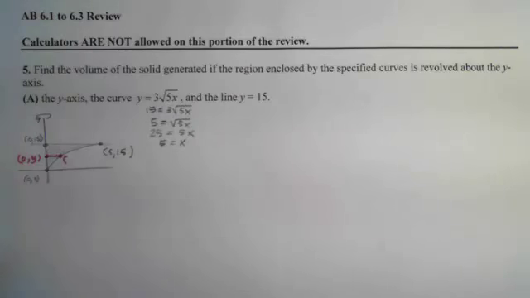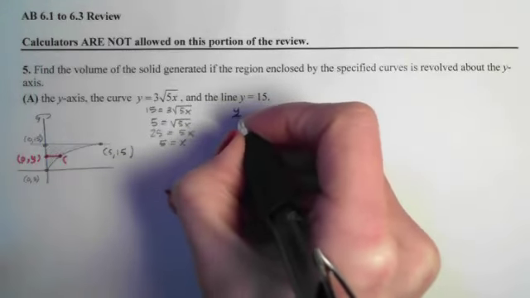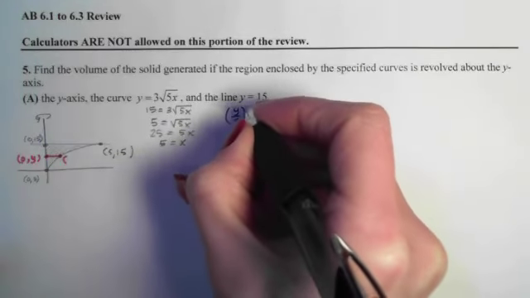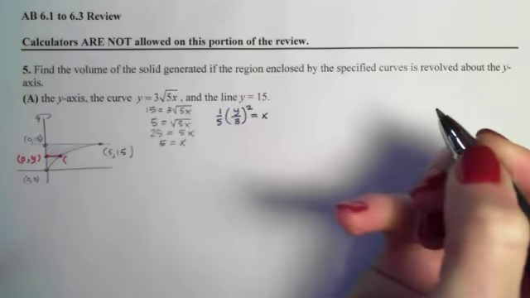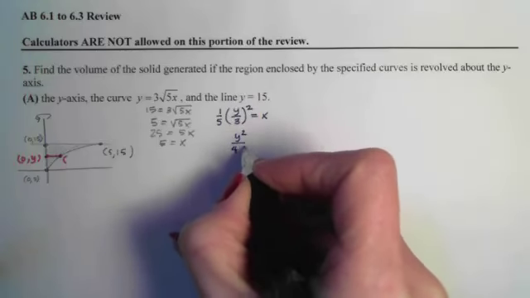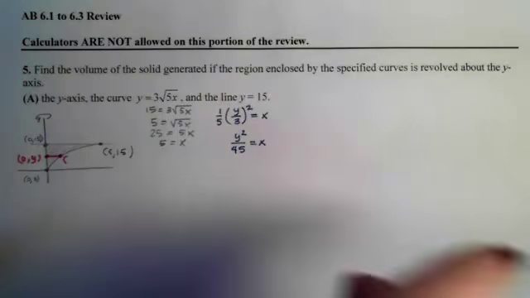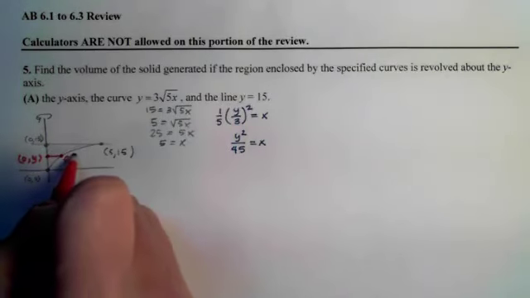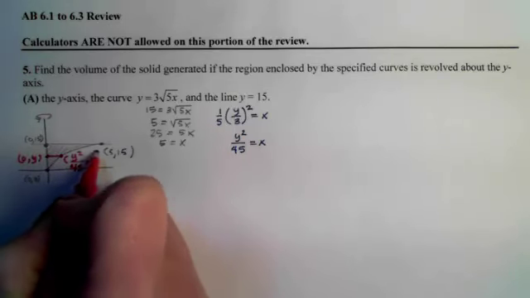So if I isolate x, I will get y over 3, and then I have to square it, and then I have to divide by 5. That gives me my x. If I multiply that out, I get y squared over 45 equals my x. So this will be y squared over 45 comma y.